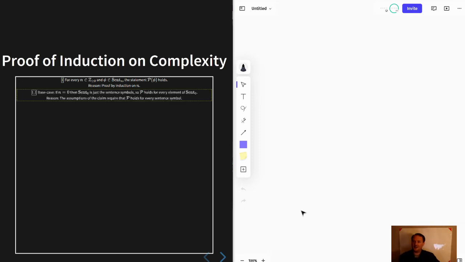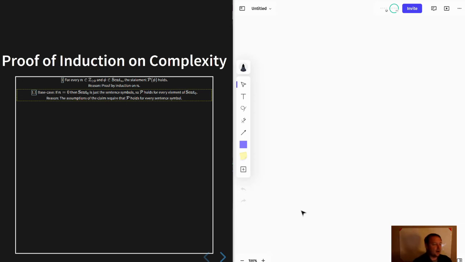So in a sense, what's happening is that I'm going to use regular induction because we know that it's valid to prove this theorem, and then from now on, I no longer have to directly use proof by regular induction. I can instead use this somewhat more simple, elegant proof by induction on complexity.